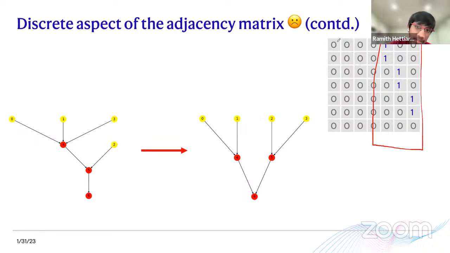What I mean by that is, let's say we have 4 leaves. Here we have 0, 1, 2, 3 yellow leaves. In the adjacency matrix, the first 4 columns are all zeros, as you can see. The reason is that each of these leaves cannot be connected to each other, and another ancestor cannot be connected to a leaf.